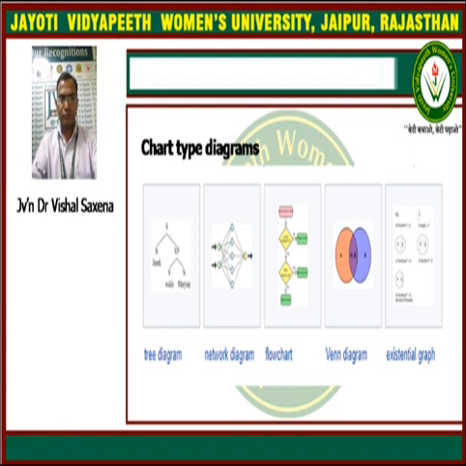In a similar way, there is a network diagram, again a very important part of graph theory, and it shows the important information in the form of a chart. And a flow chart is a summary of the whole procedure, like the algorithm of our objective.